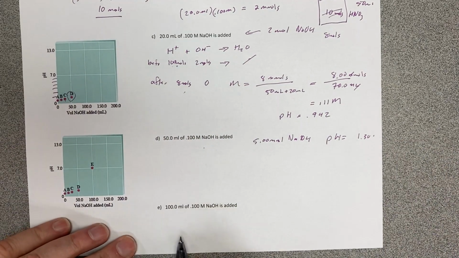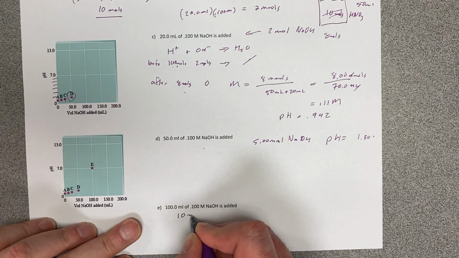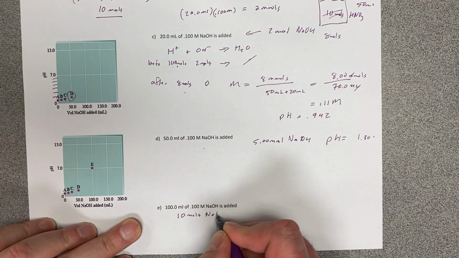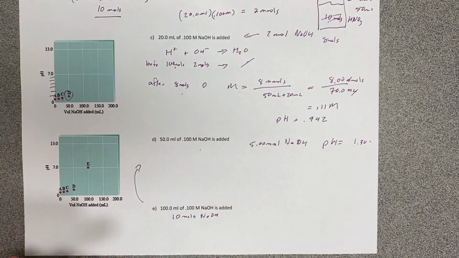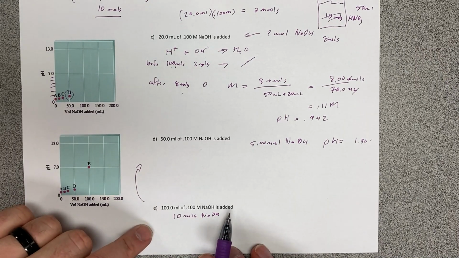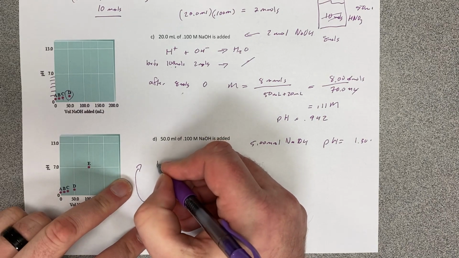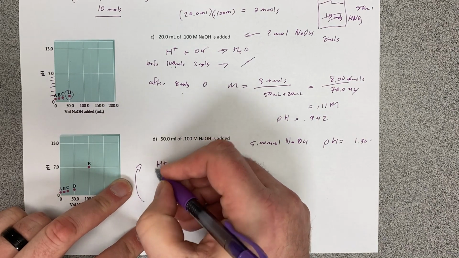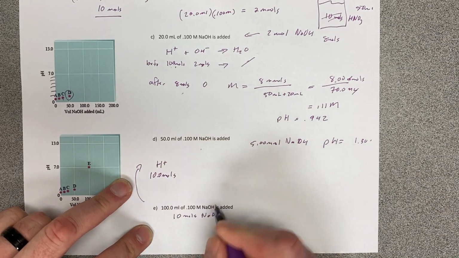Now, the formatting got a little bit wonky here, but what if we added 10 millimoles of the NaOH? Isn't that what 100 times 0.1 is? I'm going to do the work up here just so you can see it a little bit better. So this is a very special point in our problem, because from the beginning, when we look at our H plus, we have 10.0 millimoles of that to start with.